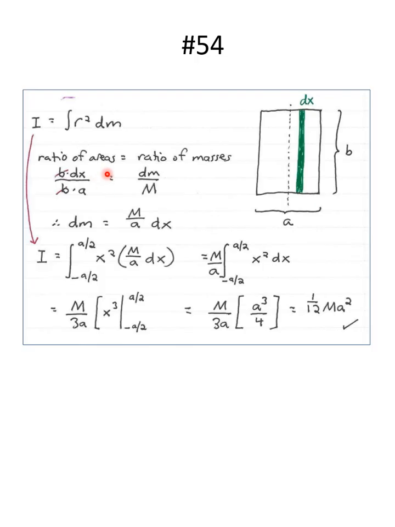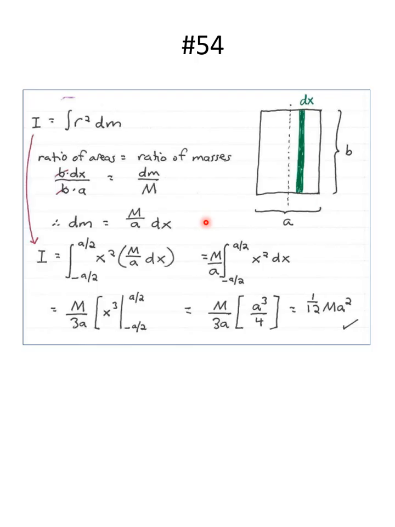So if you look at that strip in green, it has a length of b and a width of dx, so its area is b dx, divided by the total area of the plane, which is a times b. And that equals the ratio of the masses. So the mass of the strip is dm over the total mass is big M. And you can see that the b's divide away, and solving for dm, that's mass divided by a times dx.